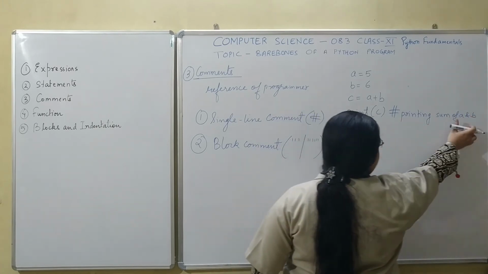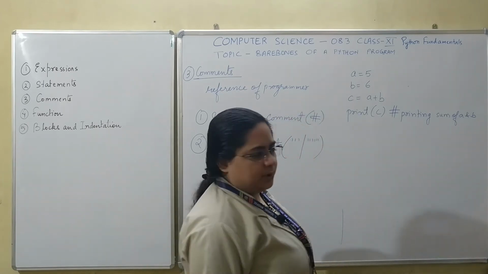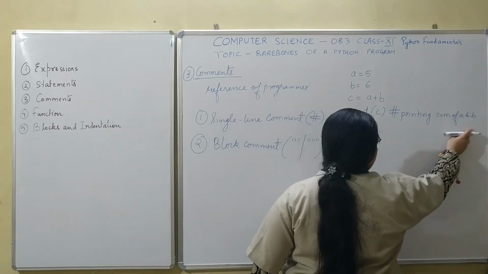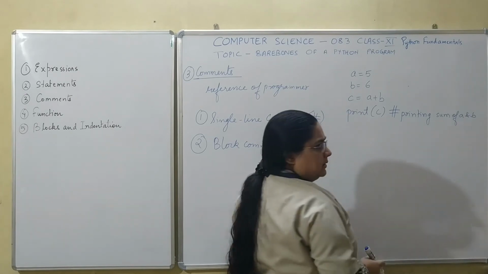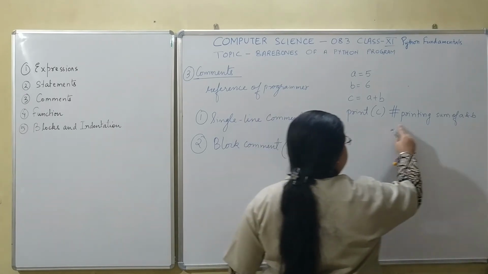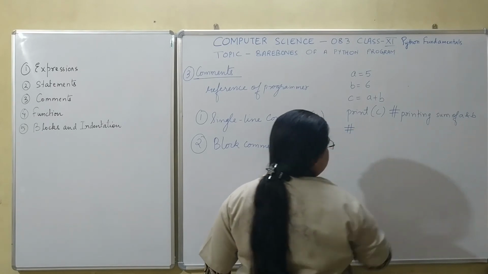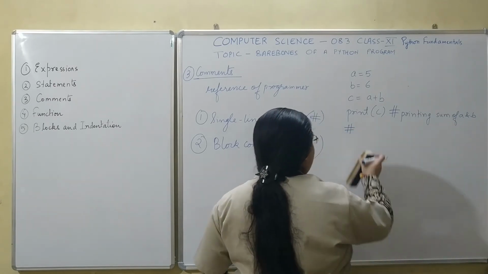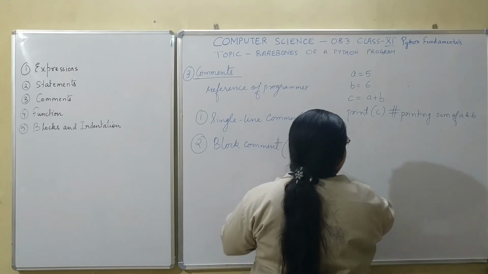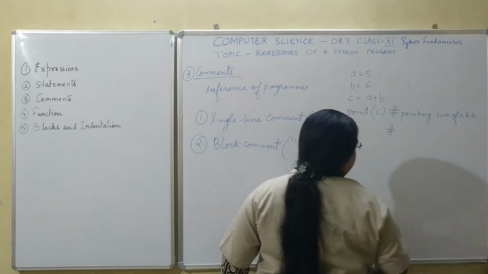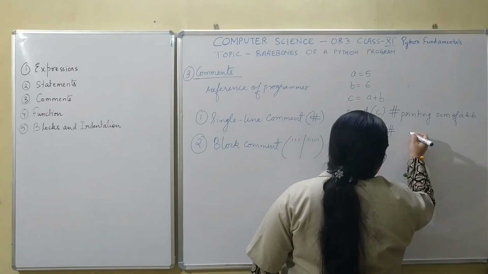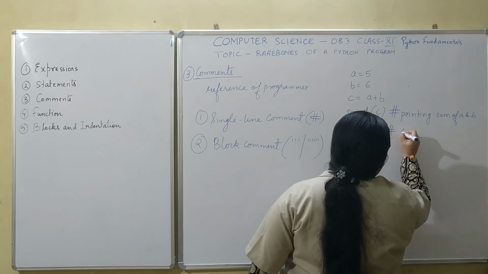Whatever you write after the comment line is up to you, but you have to make sure that it is on the same line if you are using a hashtag. If you want to continue this comment on the next line, you also have to use a hashtag there, or you can press spaces or tab, reach this area, type the hashtag again, and continue your comment line.